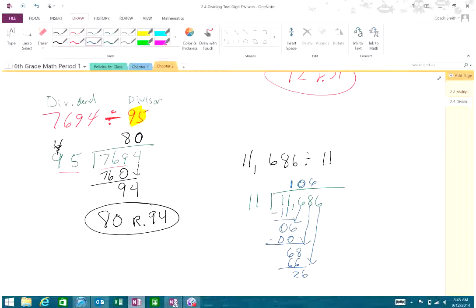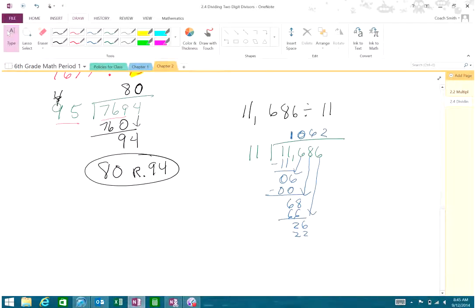How many times? 2 times. That would be 22. Subtract those two. That would be 4. So, 1,062, remainder 4.